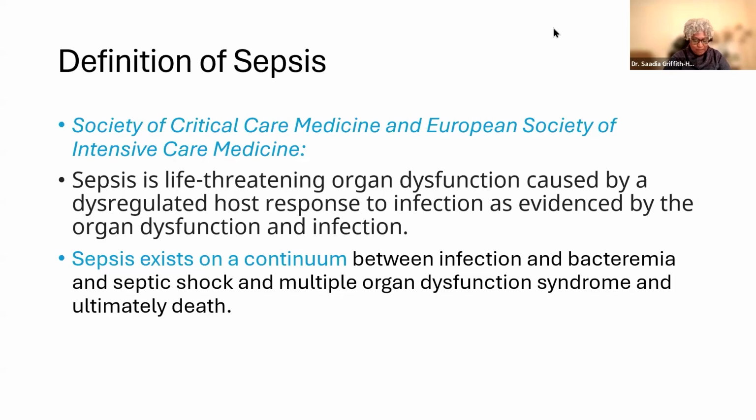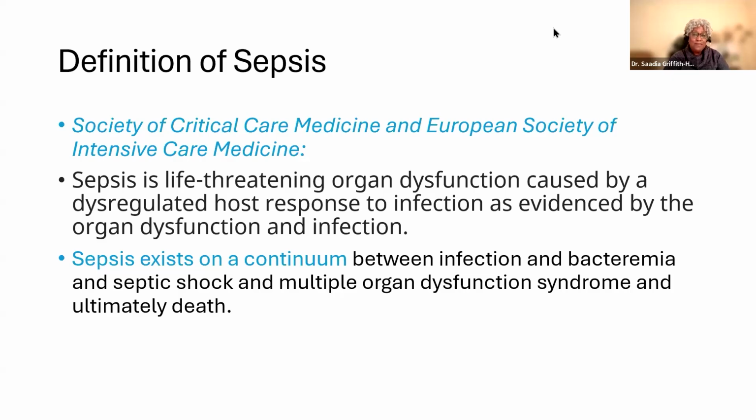I do like the CDC plain language description, which basically says sepsis is the body's extreme response to an infection. It is a life-threatening medical emergency. Sepsis happens when an infection you already have triggers a chain reaction throughout your body.